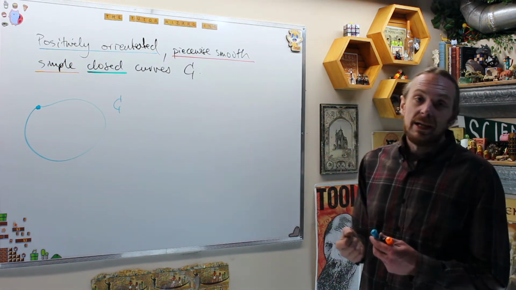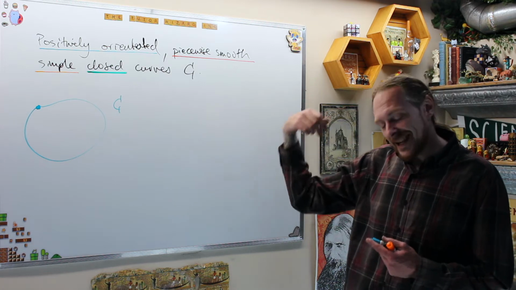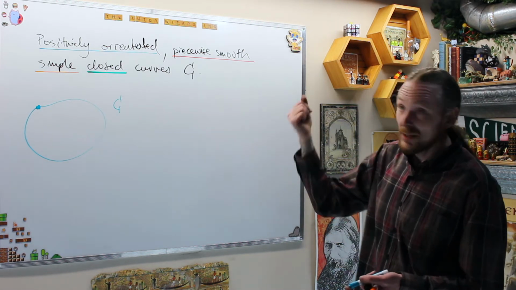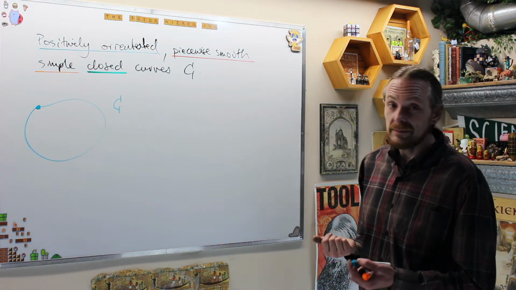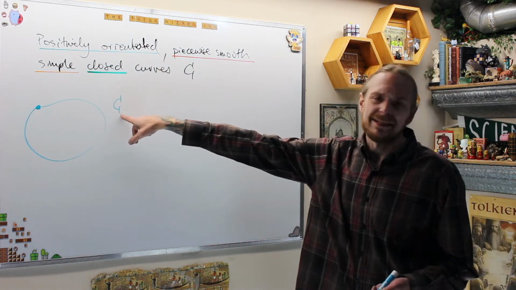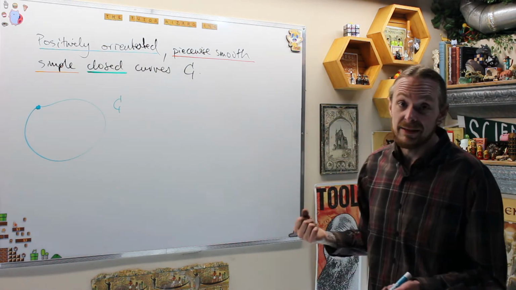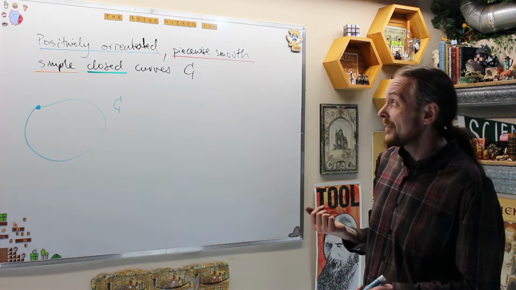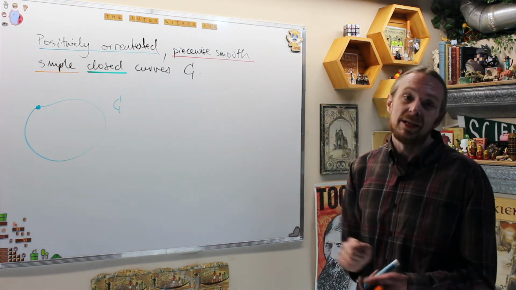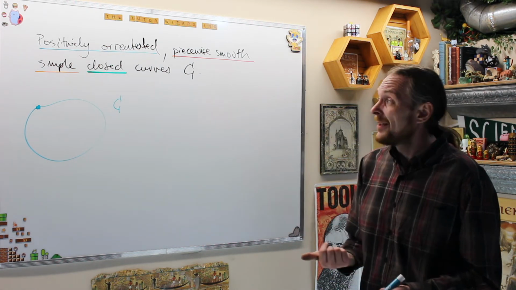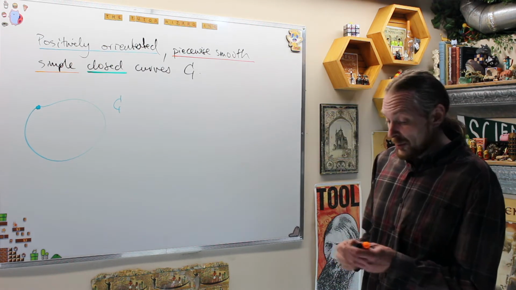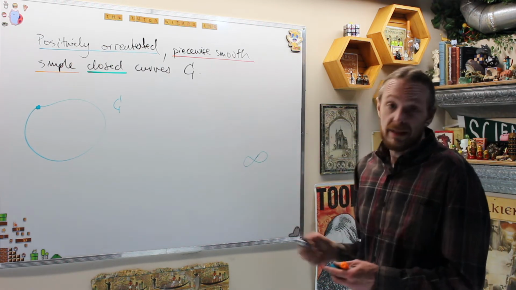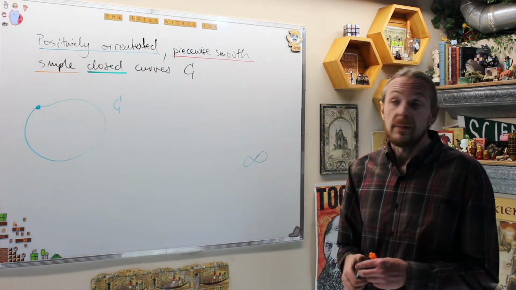Piecewise smooth says that technically the first derivatives are continuous. If we're parameterizing C as a position vector, then the derivative is continuous, which means that it has no cusps or sharp edges in the curve. Simple means that it has no loop, so you can't be the infinity sign, and you can't have any crossings.